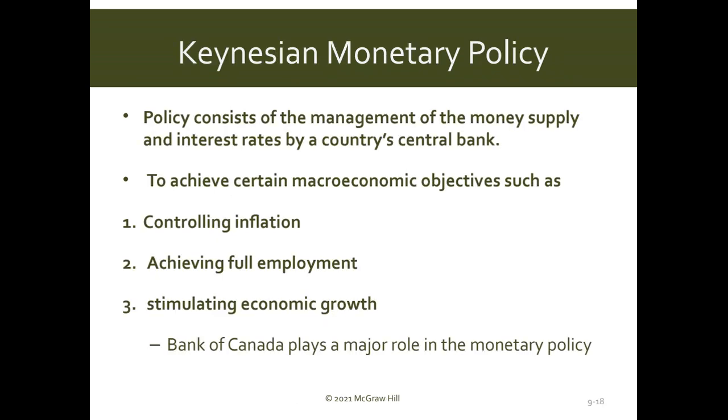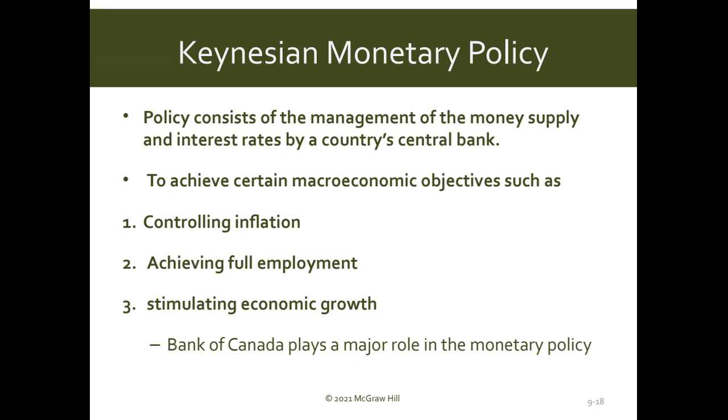So now let's see the Keynesian monetary policy. Under this policy, Bank of Canada actually increases or decreases money supply in order to solve these problems that are on your screen: controlling inflation, achieving full employment, stimulating economic growth.